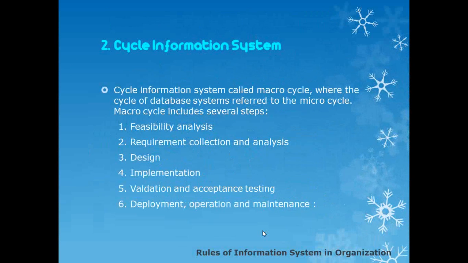2. Cycle of information systems. The cycle of information systems is called the macro cycle, where the cycle of the database system refers to the macro cycle. The macro cycle includes several steps. There are six steps there. 1.